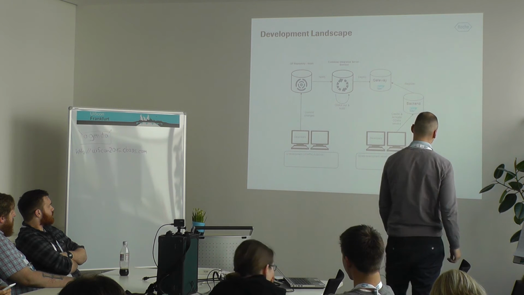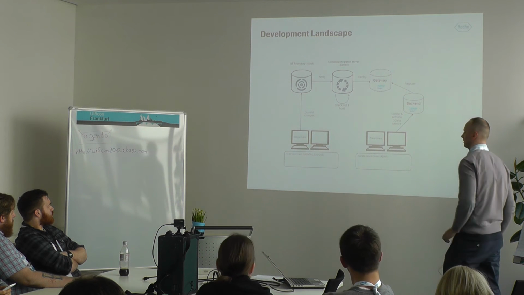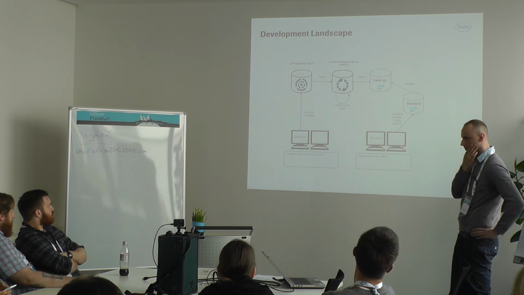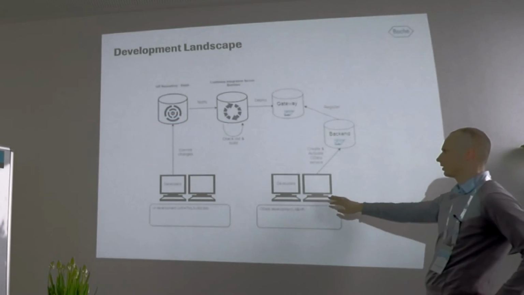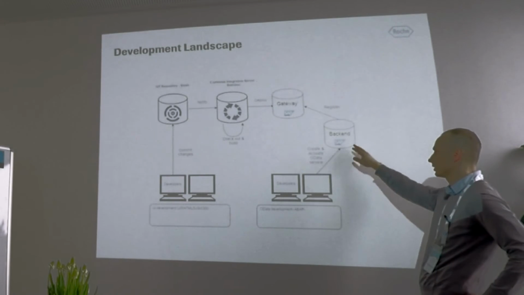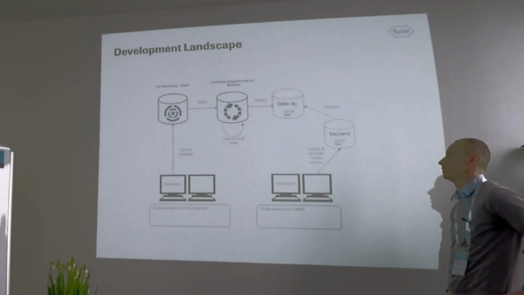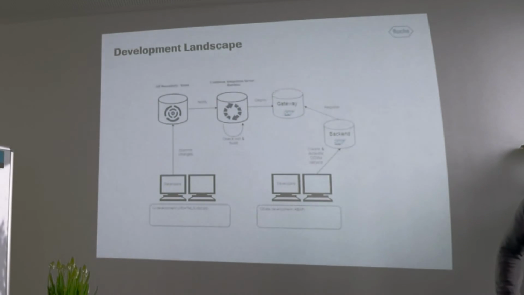Okay, so just to wrap it up, the whole development landscape. So for the backend, we have the OData development done in the gateway builder, then registered on the gateway server.